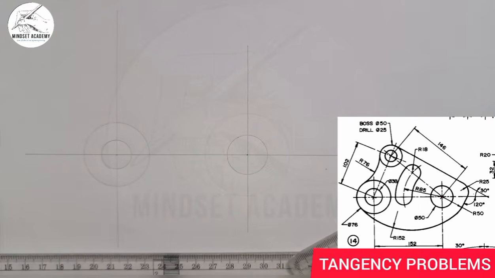The next thing is we need to draw this other circle here, right? If you look at it closely, we have to draw this circle here. The only way we can do that is to measure a distance of 146 from this point here.